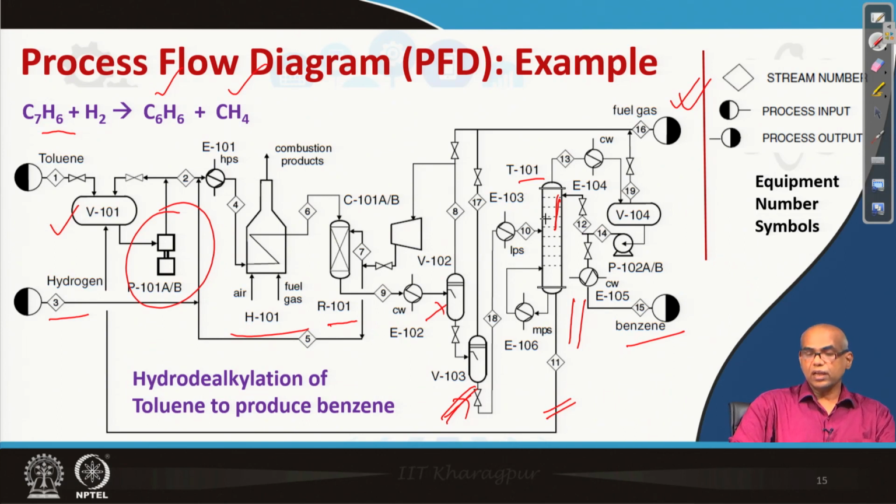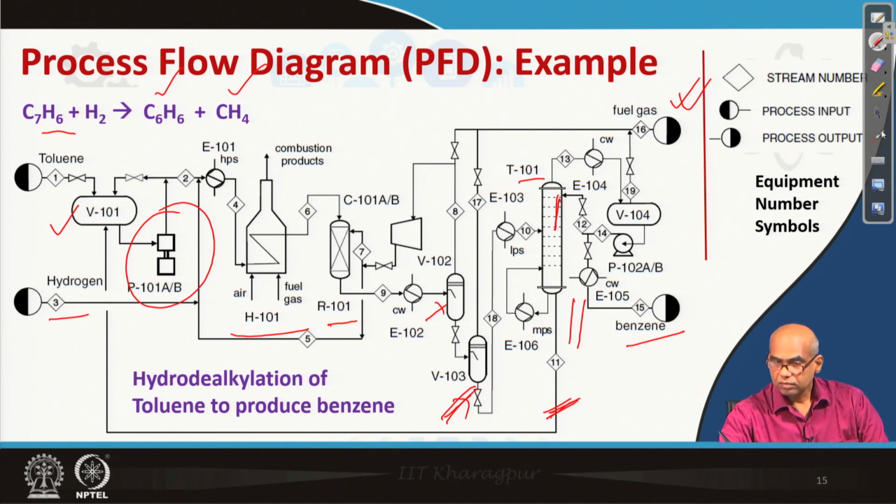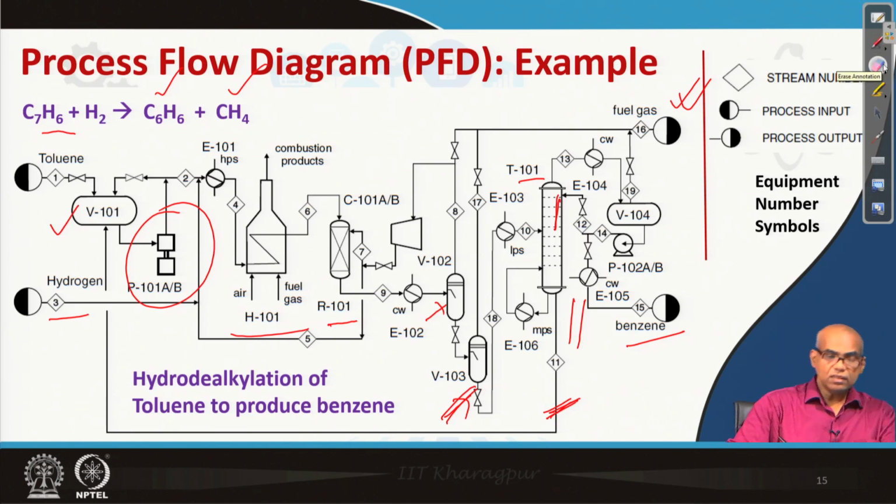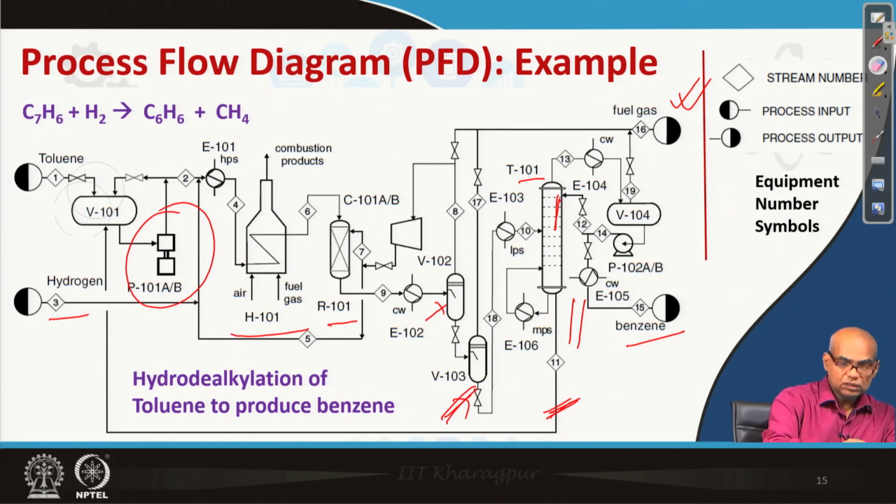The benzene is taken out as product, the toluene is recycled back. So, this is the process flow diagram for hydrodealkylation of toluene to produce benzene.